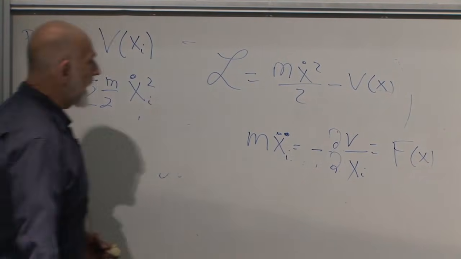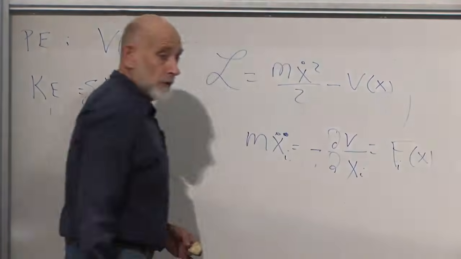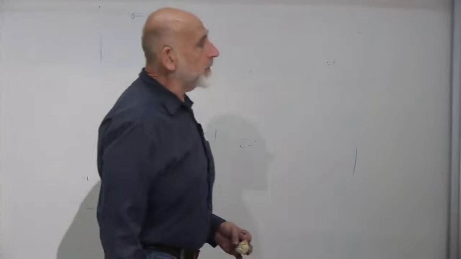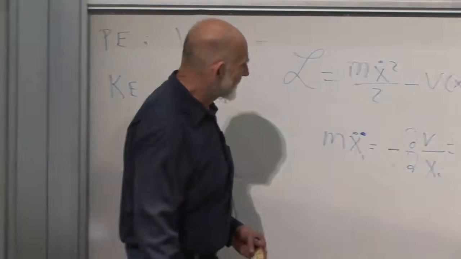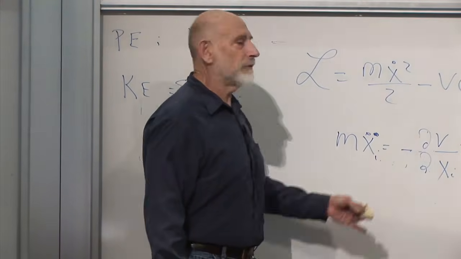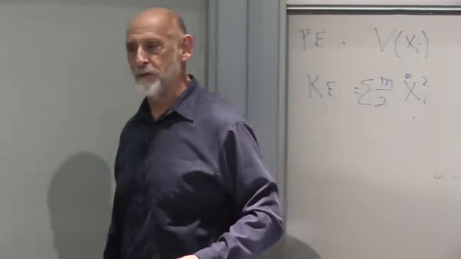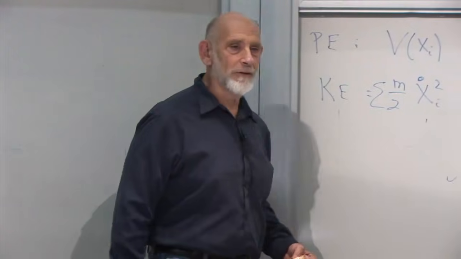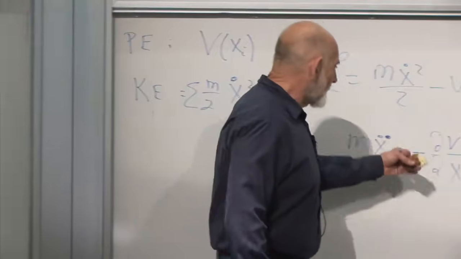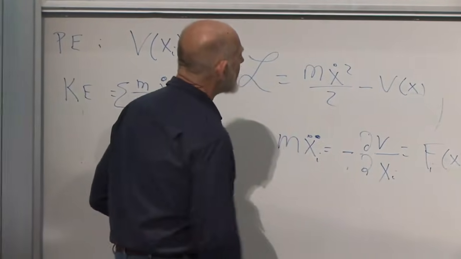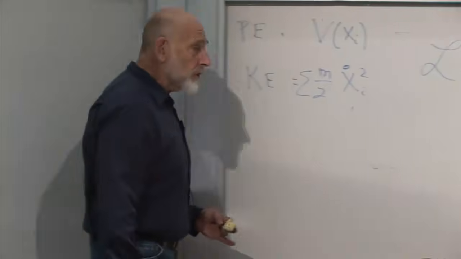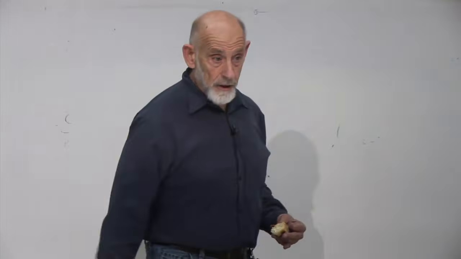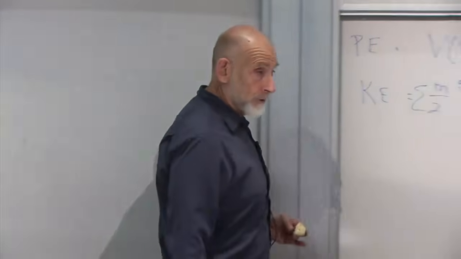That's just ma is equal to the ith component of force. Now you can see why this had to be minus here. If I would have made it plus, instead of Newton's equation I would have gotten mass times acceleration is minus the force. And then I'd have to go back and say, look, I either have to redefine what I mean by force, or I have to redefine what I mean by potential energy. But with the definitions we've used up till now, the Lagrangian is kinetic energy minus potential energy. And that gives you Newton's equations as the Euler-Lagrange equations for the action principle.